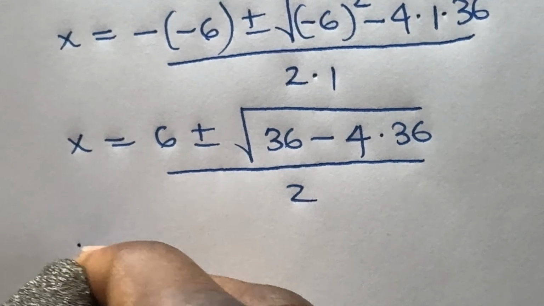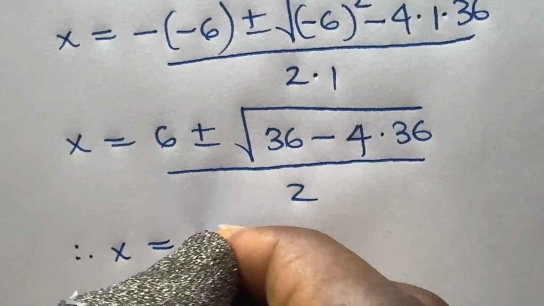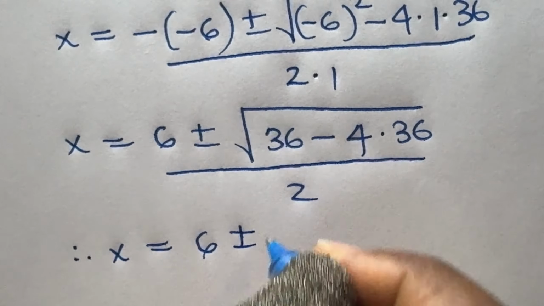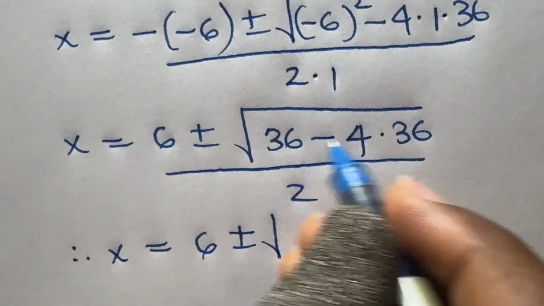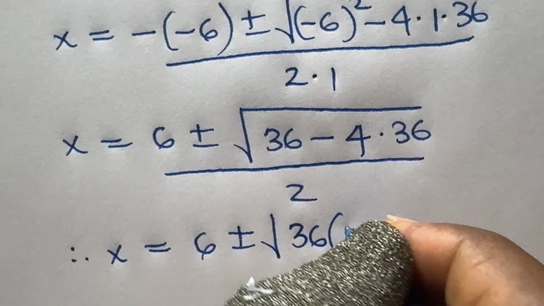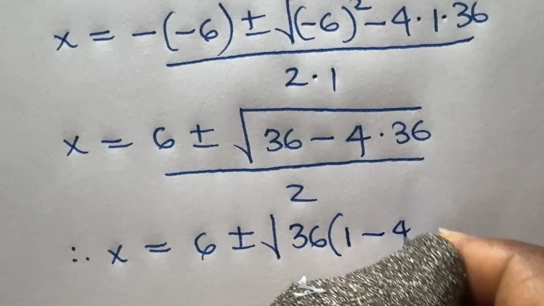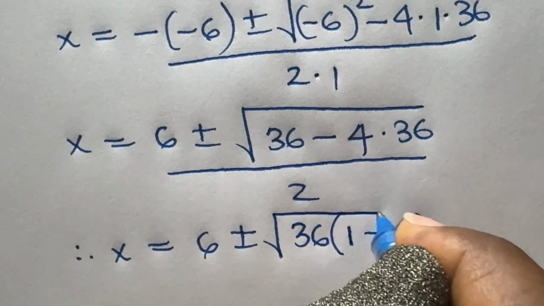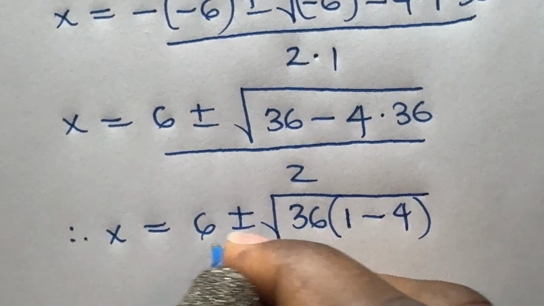Therefore, x will give us 6 plus or minus square root of 36 is common here. I'll factorize this, leaving me with 1 minus 4, divided by 2.